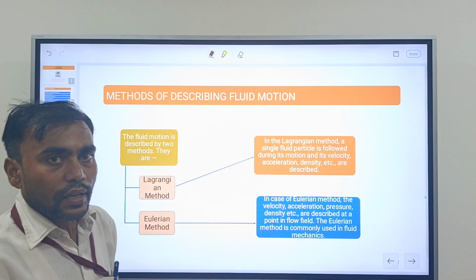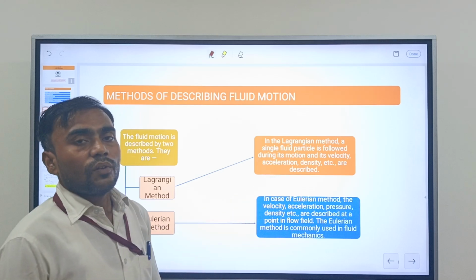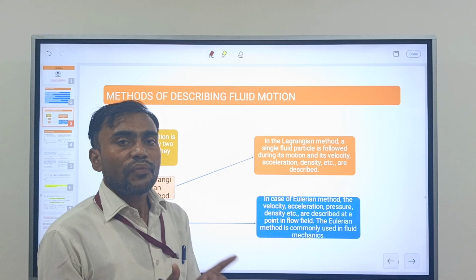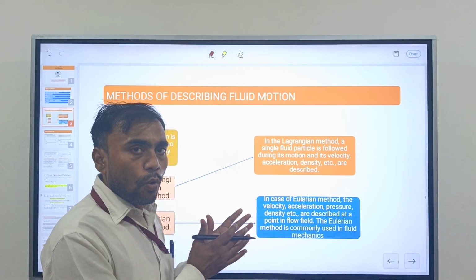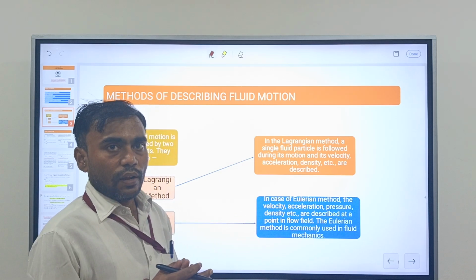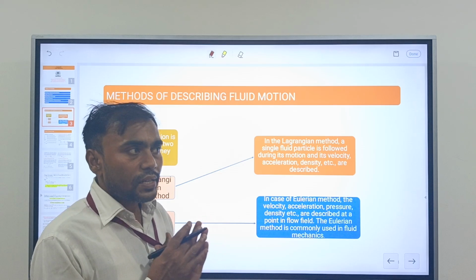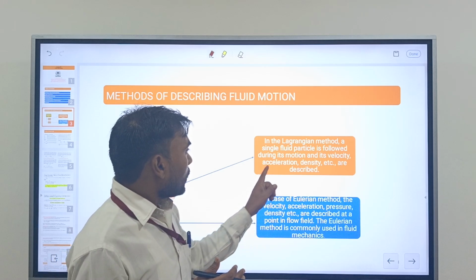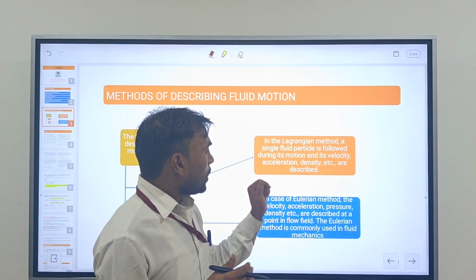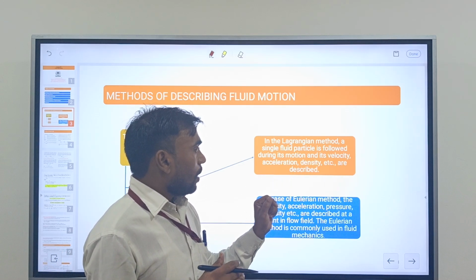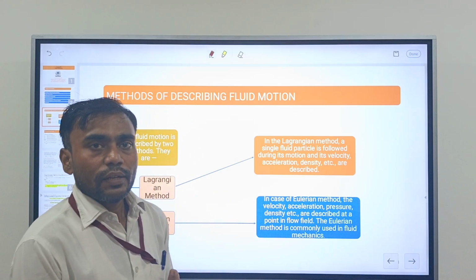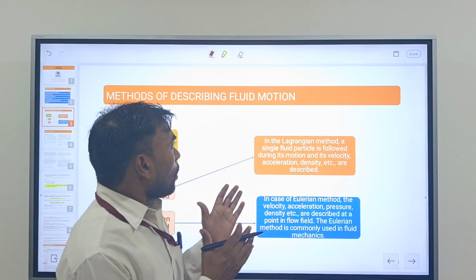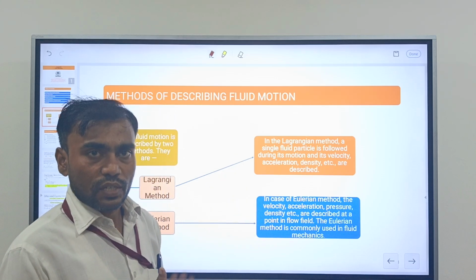We consider a particular fluid particle through the whole fluid motion, and based on its behavior, we calculate these three parameters, which enable us to describe the whole behavior of the fluid motion.